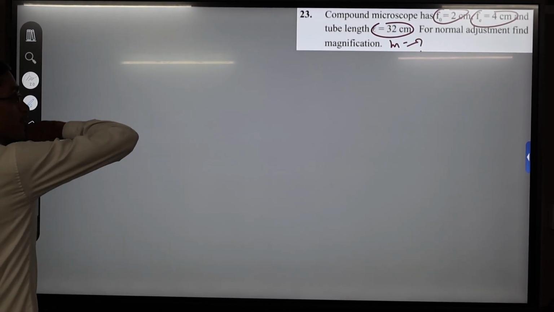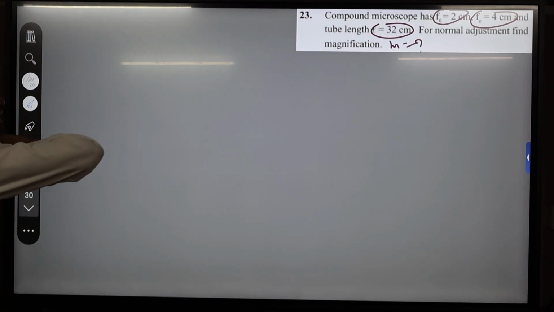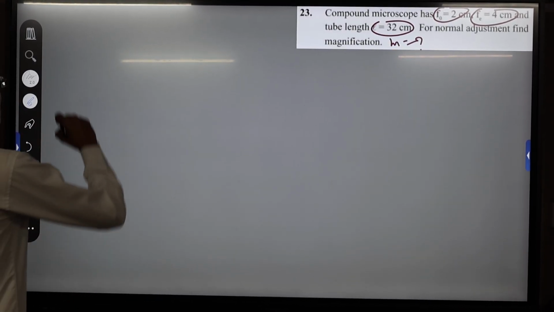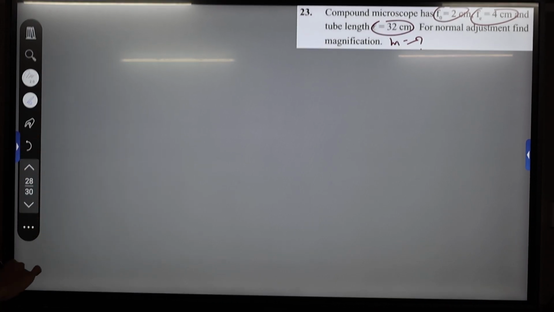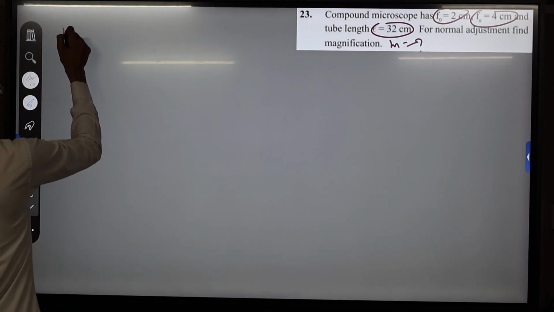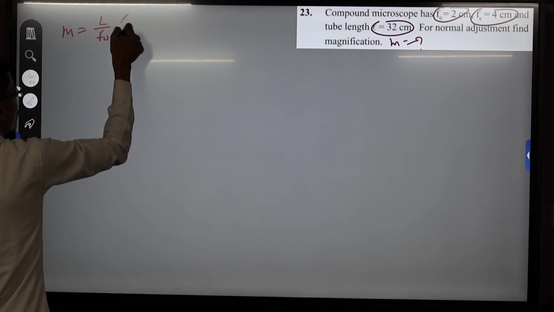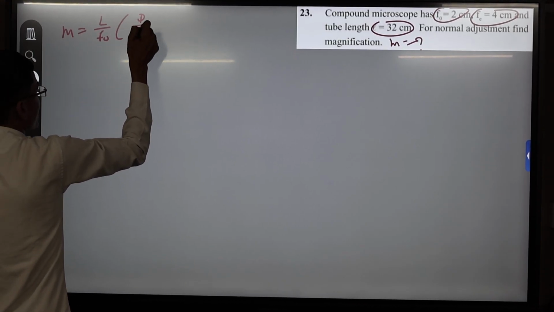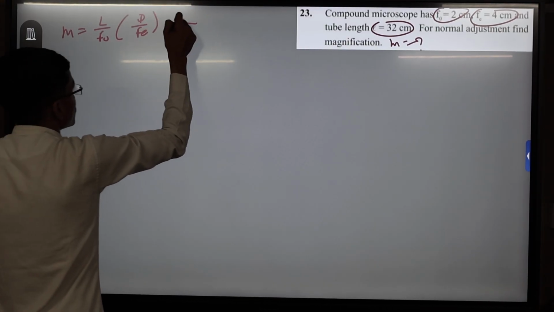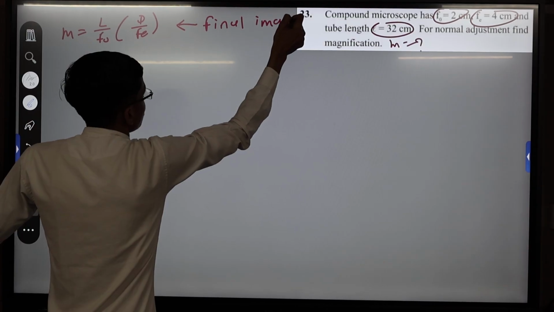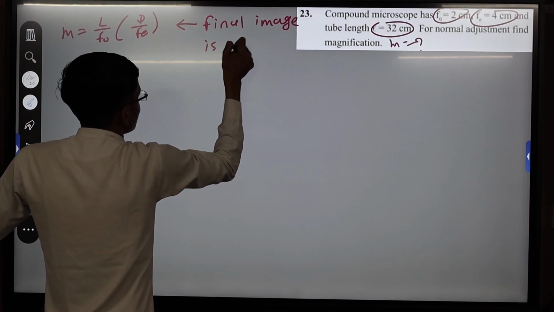So for a compound microscope, when the final image is found at infinity, we can write the magnification equation as m is equal to L upon Fo into D by Fe. This is for when the final image is at infinity.